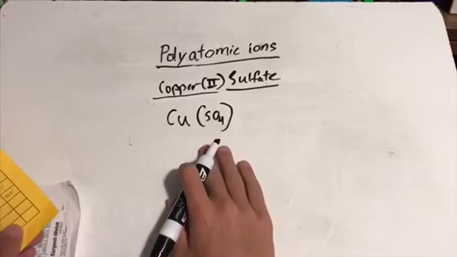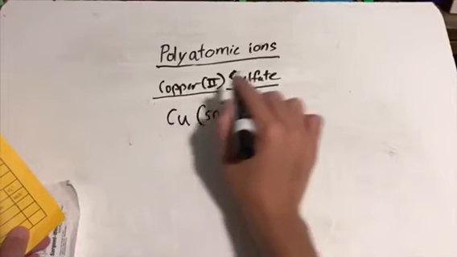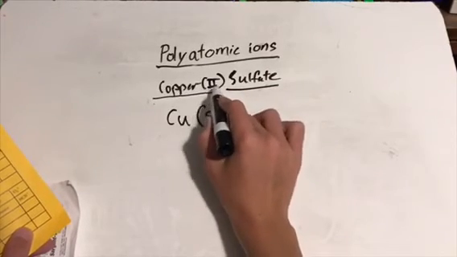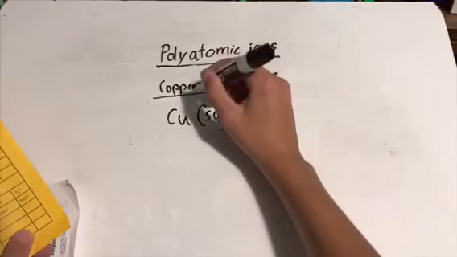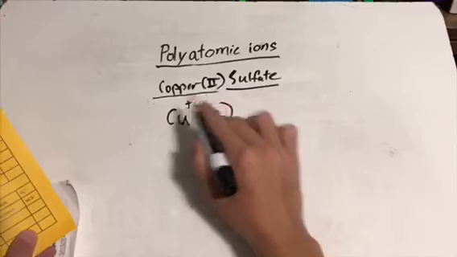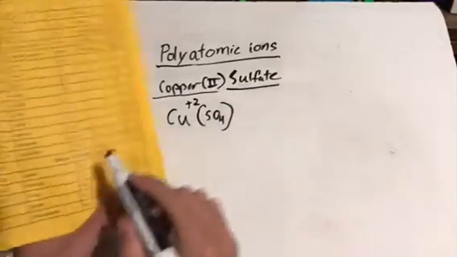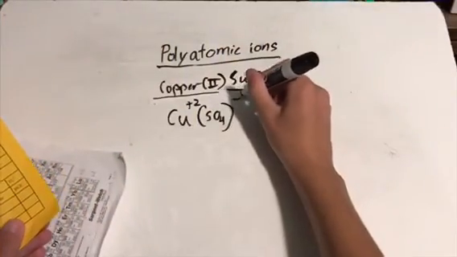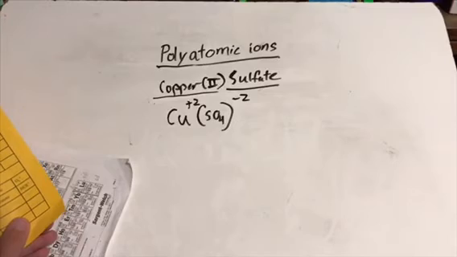You have to take into account the charges of copper 2 and sulfate. Copper 2, we already know the charge because it has a 2 right there. So copper would be positive 2 because of that 2. Sulfate, go back on the sheet and look. Oh, sulfate is negative 2. So you write negative 2 after the sulfate.